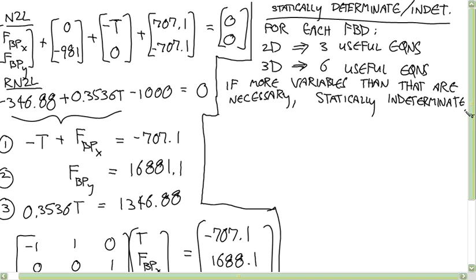And let me give you an example of a statically indeterminate system. Okay, so you have this beam, it's connected to the wall, and it's supported by a roller.